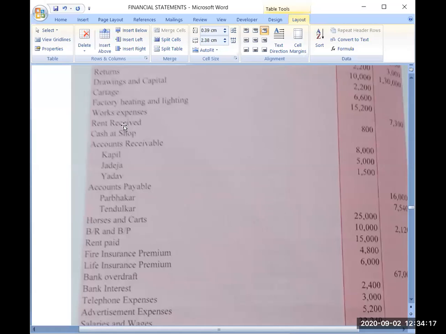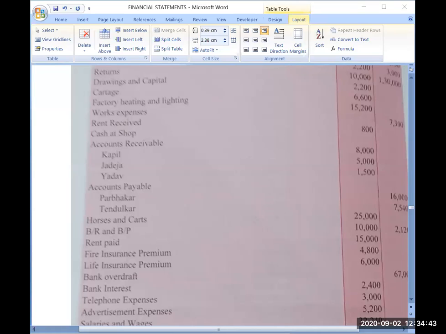Then rent received. Rent received is 7,300. In which account you will be writing it? Trading, profit and loss, or balance sheet? Rent received. Yes, very good.